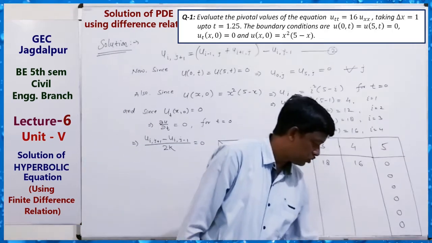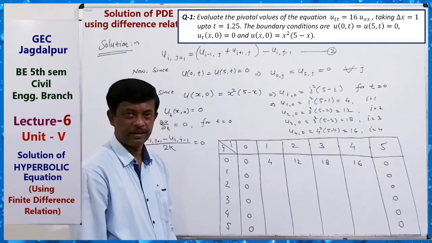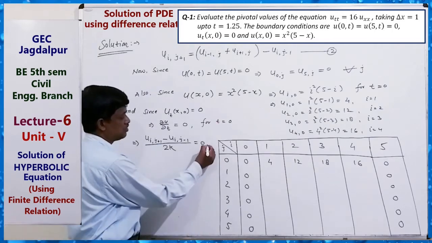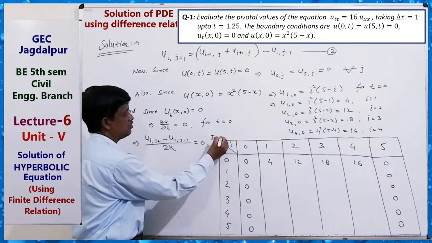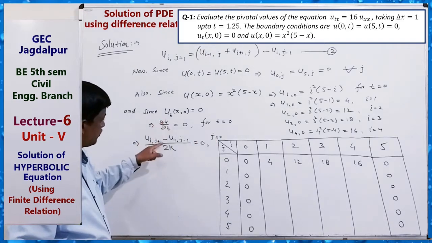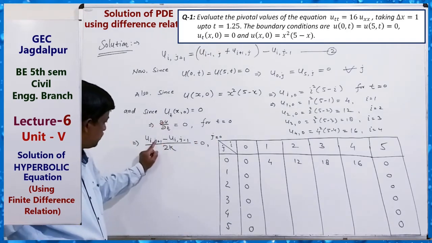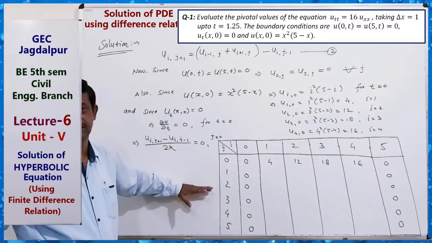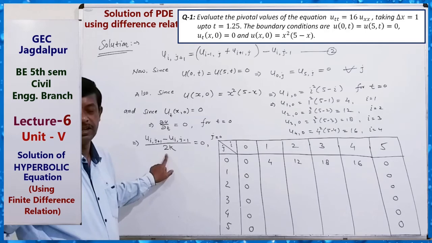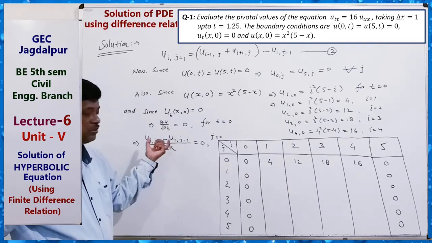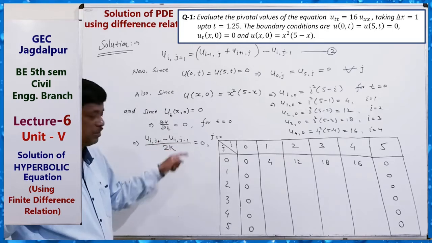Clear? And t equals 0, that means j equals 0. Central difference finite approximation, because j plus 1, j minus 1, that is 2k.